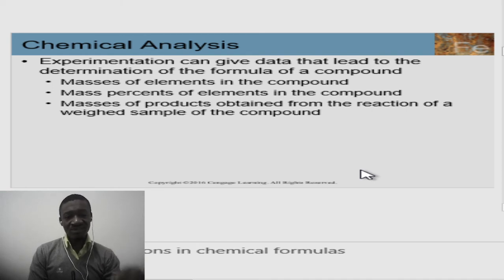So you have masses of elements in the compound and the percentage masses of the elements in the compound, and the masses of products obtained from the reaction of the weighed sample and the compound. So you have reactions and you have products, and everything with regards to analysis is mass conscious.